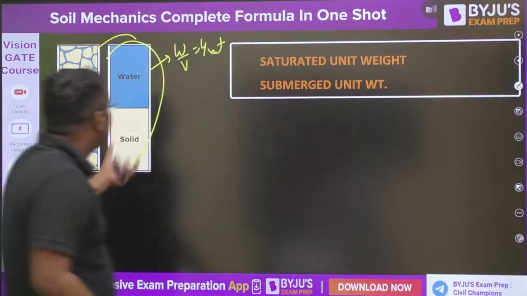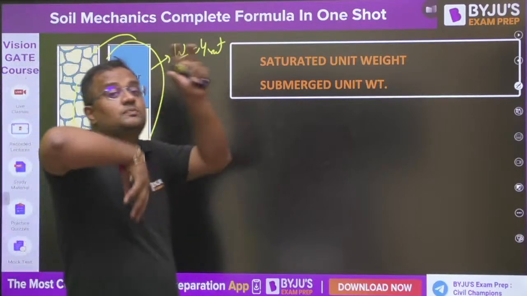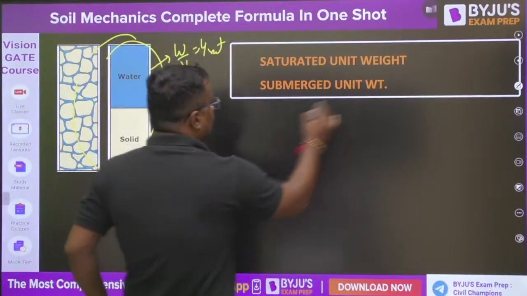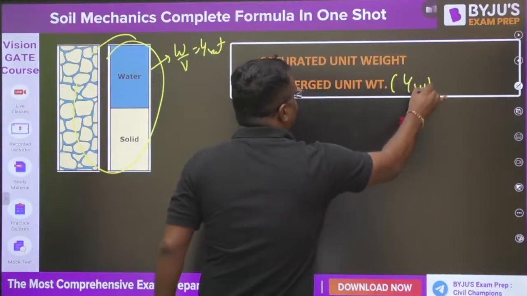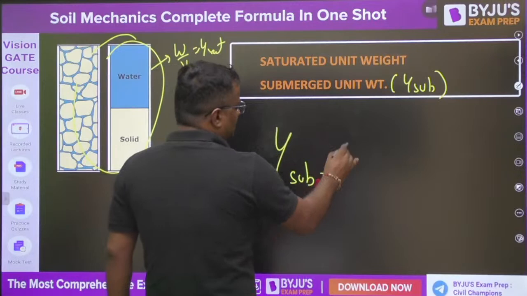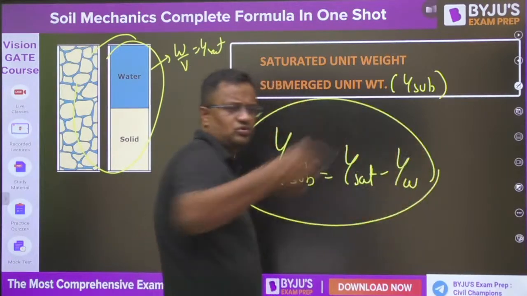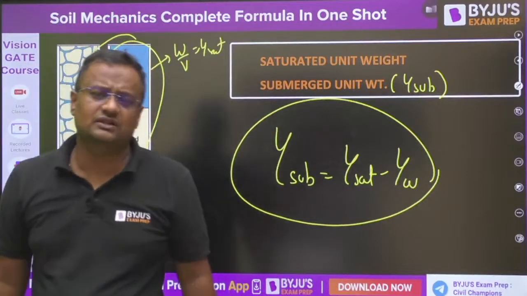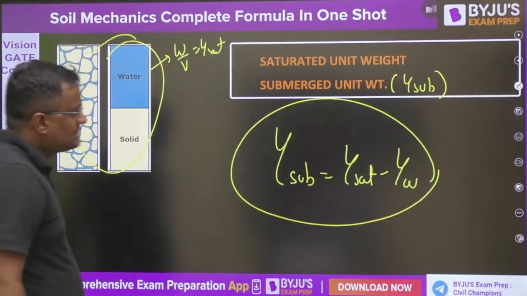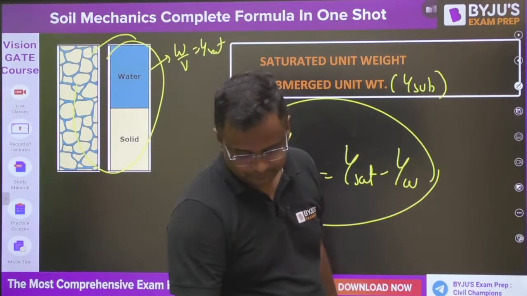Normally it is gamma sat, weight of saturated soil by volume, but when the soil is below the water table and buoyant weight is acting, that is called gamma submerged. I am not going into the derivation, as this session is more oriented towards formulas. Gamma submerged is equal to gamma sat minus gamma W.